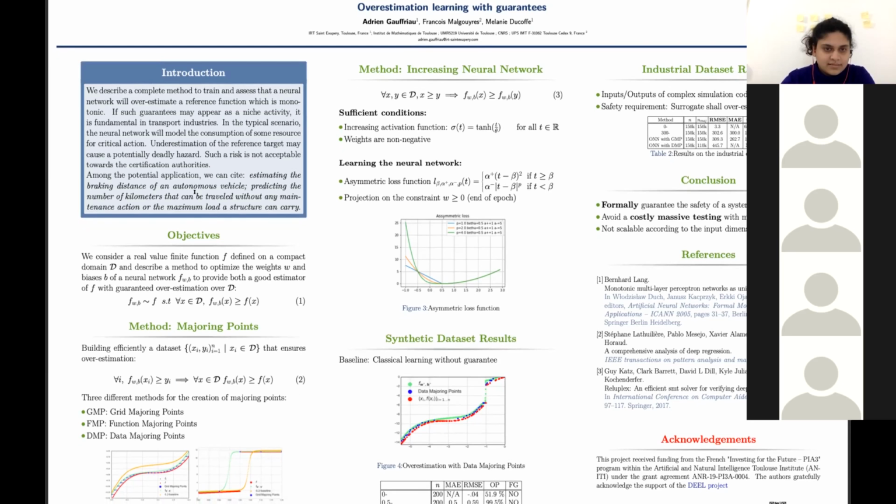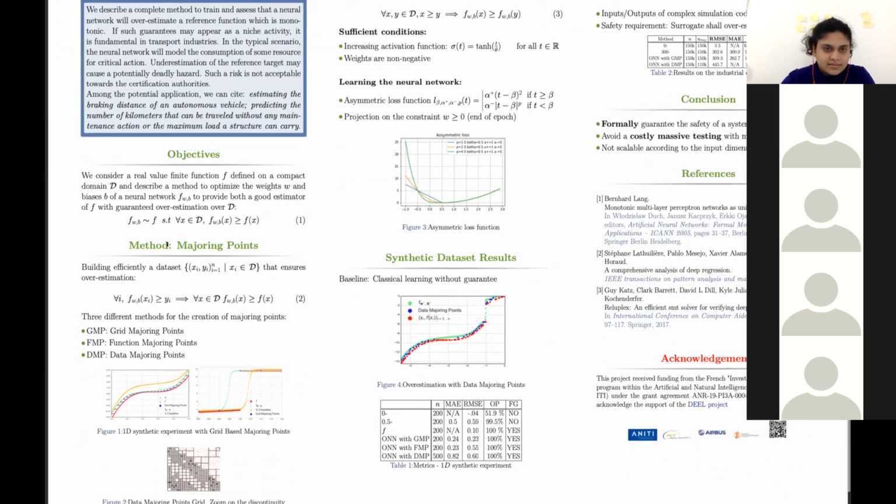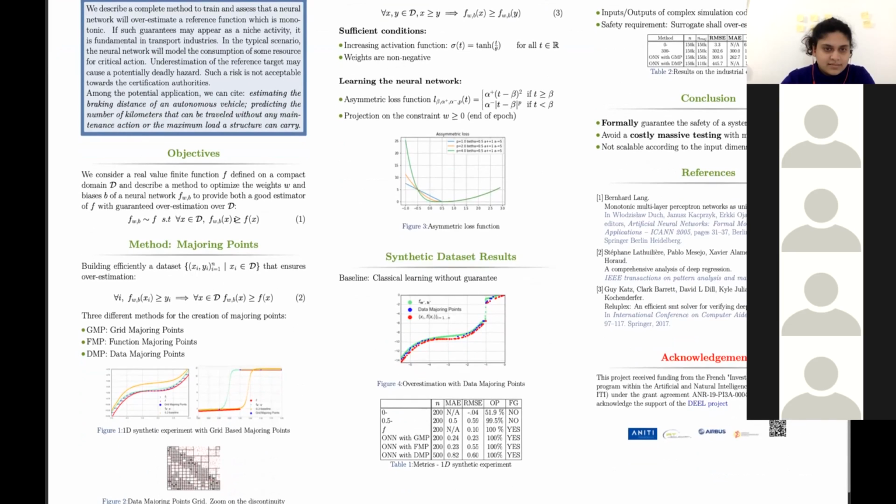If you underestimate, you will have an issue. So we would like this property: for all x in the domain, the output of the neural network always overestimates the real output of the function. And this is for any point, and we do not want to do massive testing to demonstrate it.